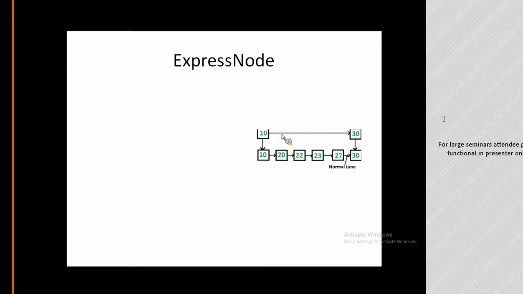So the first and foremost thing is to create an express node structure. All of you, please pick up your pen, write it, and anyone of you who has done it can put it in the chat box.